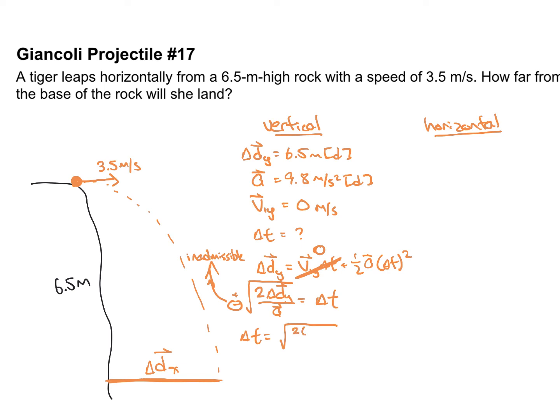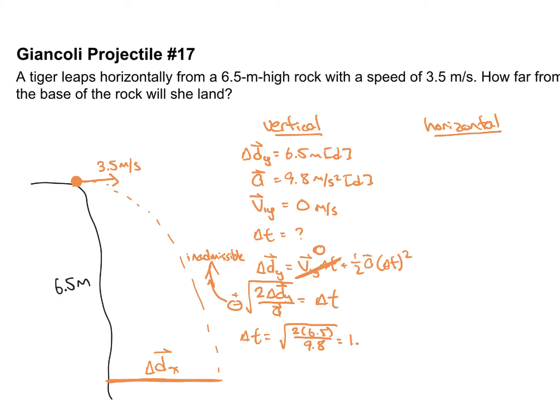I'll fill in the values, 2 times 6.5 divided by 9.8, giving us a time of, get my calculator going, so I'm getting 1.152.